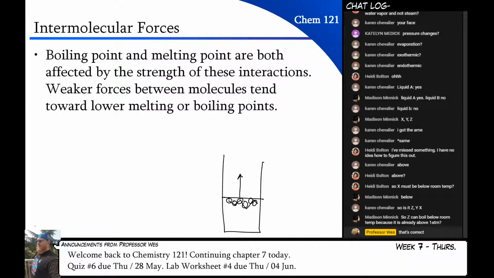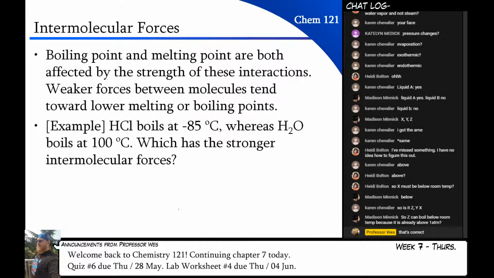So, with that in mind, here are two liquids that have two different boiling points. One is water, and it boils at 100 degrees Celsius. But HCl boils at negative 85 degrees Celsius. So what do you think sticks together better? HCl molecules with each other or H2O molecules with each other?